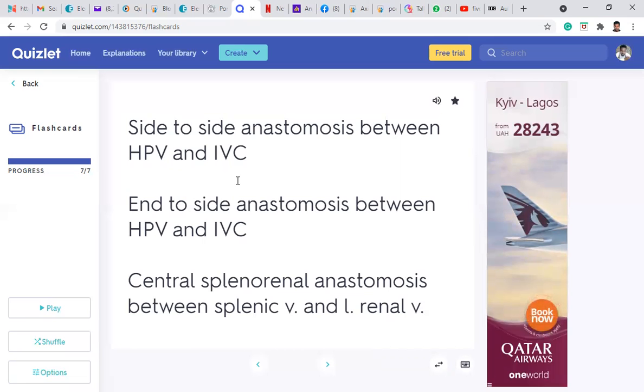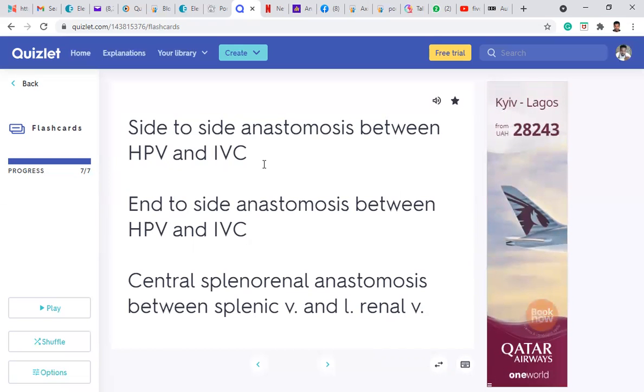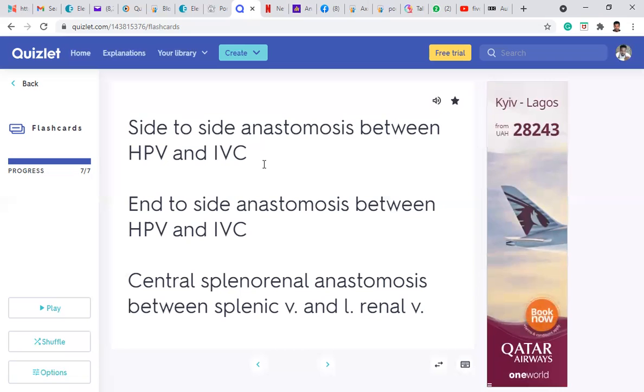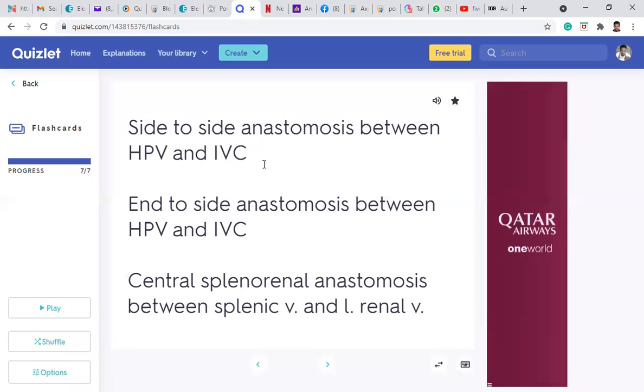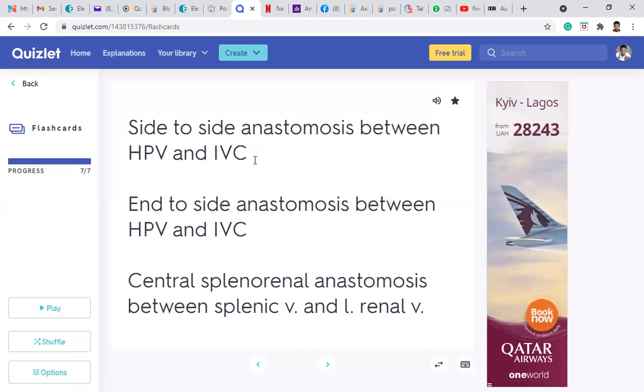So the reason for this anastomosis is to release the pressure and allow blood to flow from the portal system, which is already filled with blood. And the vessels are dilated already because of congestion of blood. So what you do, you create anastomosis between the hepatic portal vein and the inferior vena cava.